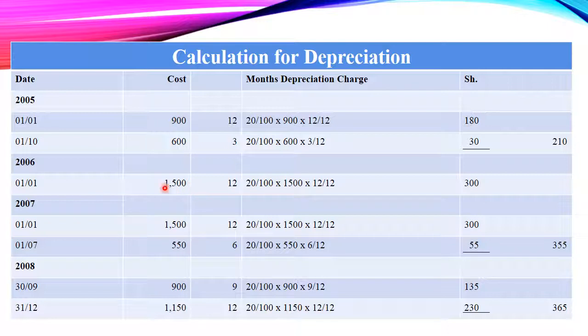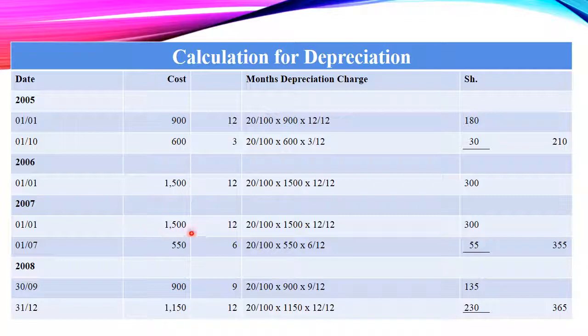So for the year 2006, the depreciation will be calculated for the whole year, which is 12 months. So 20% of 1,500 for the 12 months will be 300, and this is the total depreciation for the year 2006.